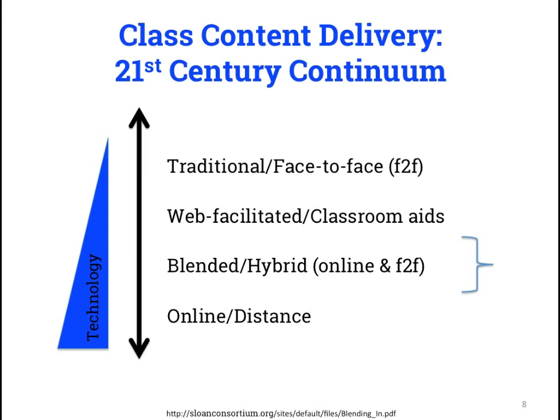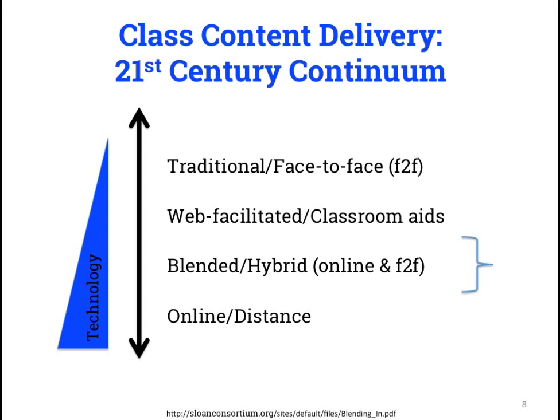You may use web pages to post syllabus and assignments, for example. So one could argue that a flipped class could still see its implementation within both a traditional and web facilitated course.